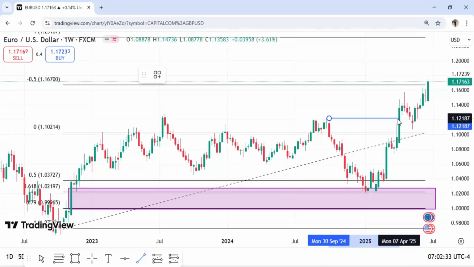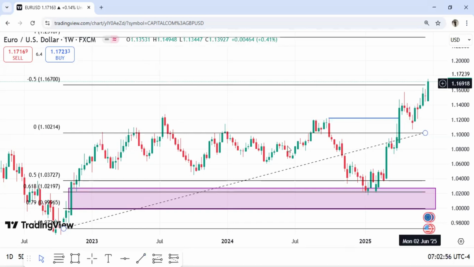Hold your shift key and move your mouse, tap down, you get a straight line. So that is your area of liquidity. Push, retracement into another fair value gap, and then right to the 0.5 level.